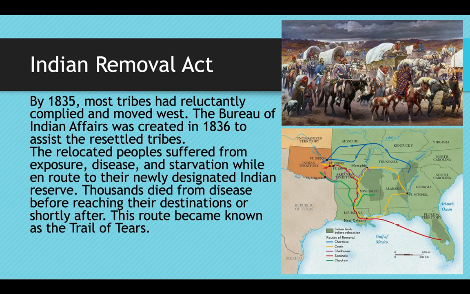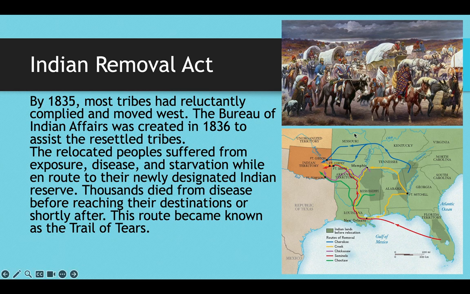The relocated peoples suffered from exposure, disease, and starvation while they were on the way to their newly designated Indian Reserve. And this route became known as the Trail of Tears because thousands of people died from disease before reaching their destinations or shortly after they reached them there.